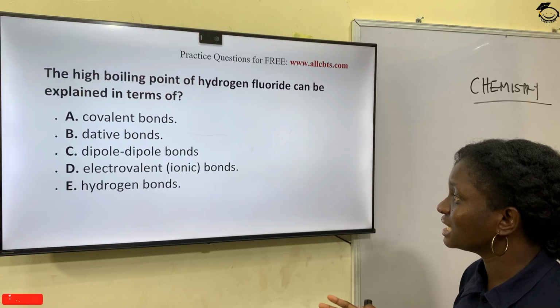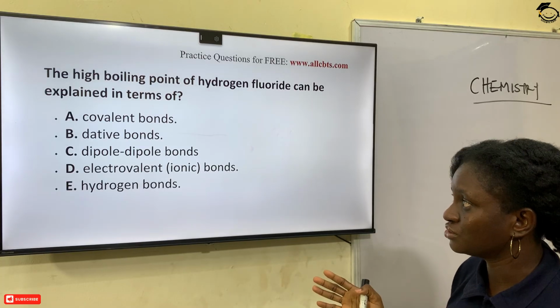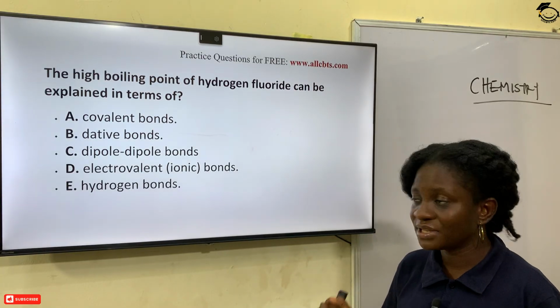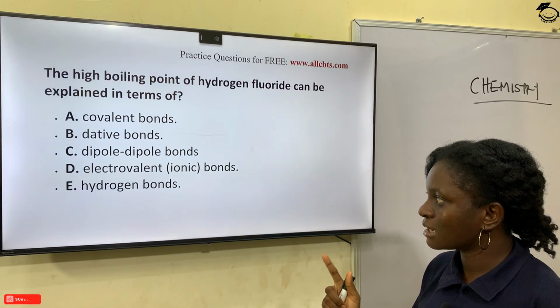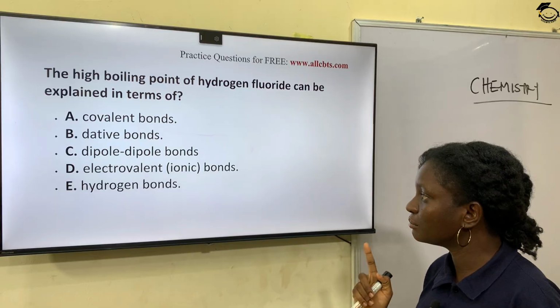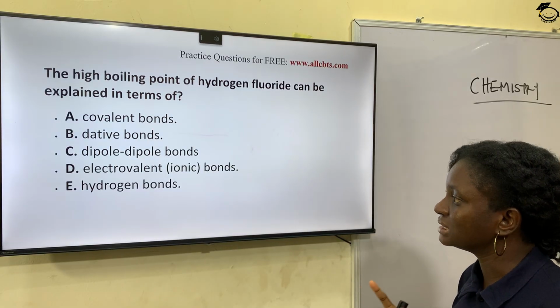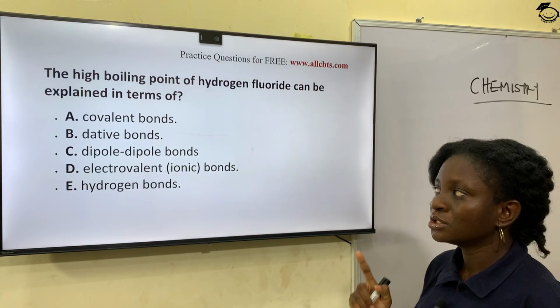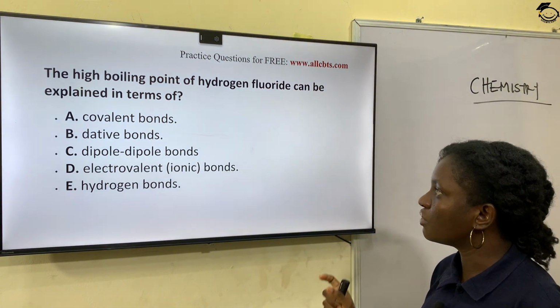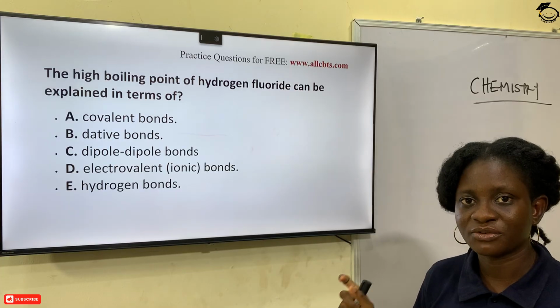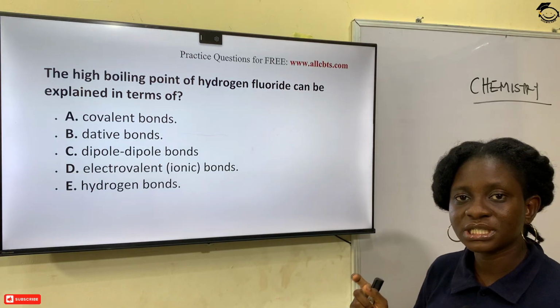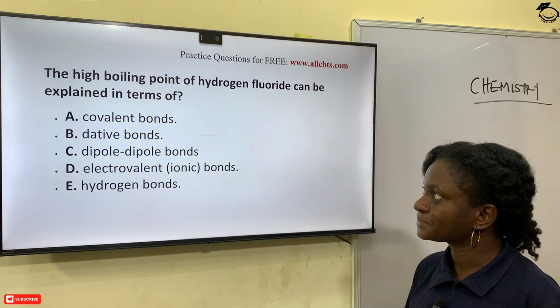So it is explained in terms of the hydrogen bond. Option A, covalent bond, B, dative bond, C, dipole-dipole bonds, that's a weak bond, D, electrovalent bond, and E, hydrogen bond. So the reason is the hydrogen bond leading to a high boiling point of hydrogen fluoride. Option E is the correct answer.